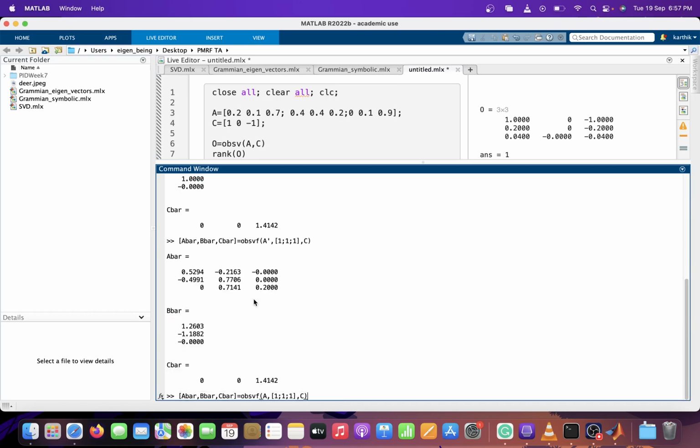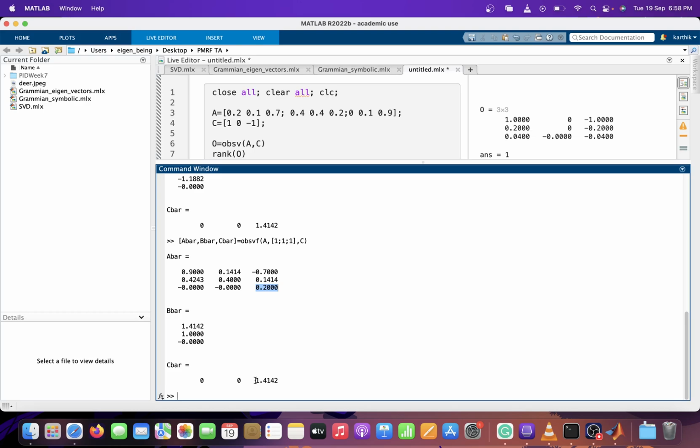So here, this block is the zero matrix, this is your observable part, and this 4 cross 4 is unobservable. Basically MATLAB uses a different T inverse, so the blocks are swapped, that's all. The one block is here, the other block is here. In MATLAB the unobservable block comes first and the observable part comes later.